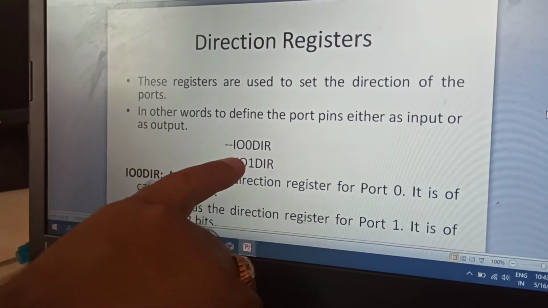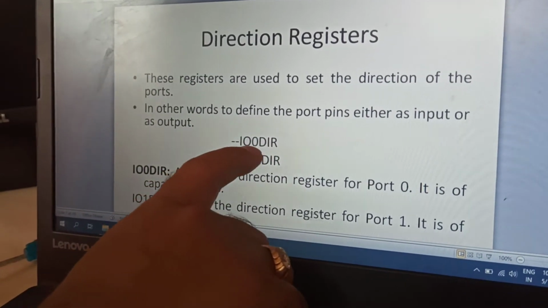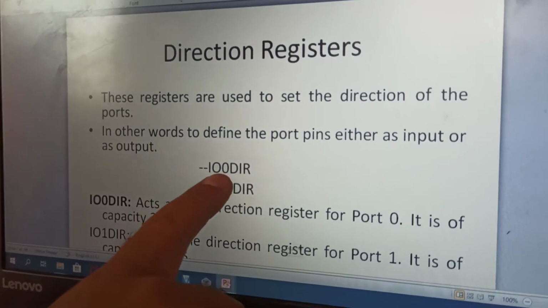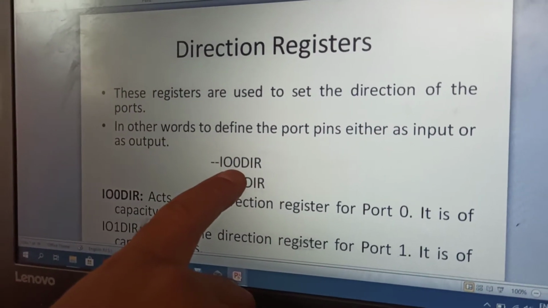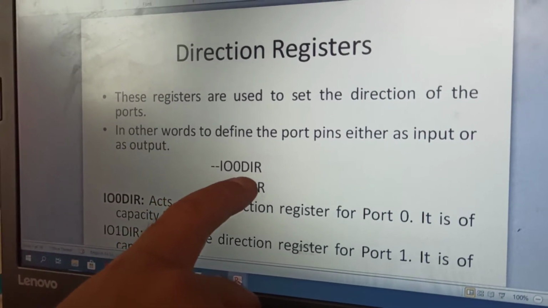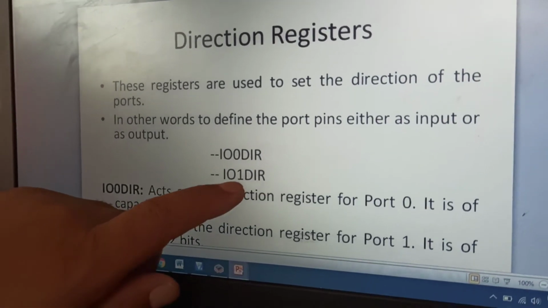That will be selected using these registers. These are also 32-bit wide registers. IO0DIR is the register to select port 0 pins. IO is input output, 0 is port 0, DIR is direction. Similarly, to select the direction for port 1, use IO1DIR.